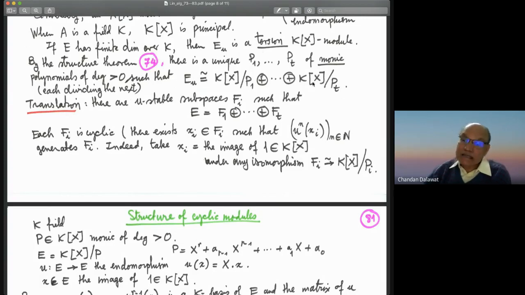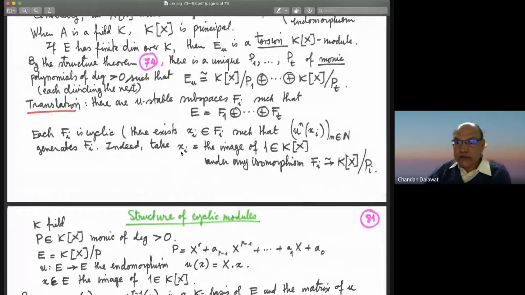Okay, so when you translate it back for the K space E, what it means is that you can find U-stable subspaces Fi such that E is the direct sum of F1 all the way up to Ft, and each Fi is cyclic in the sense that there's a vector xi in Fi whose images by the powers of U generate Fi.